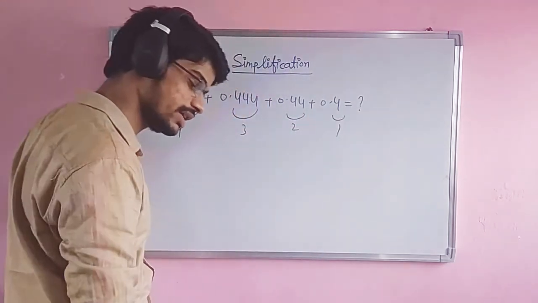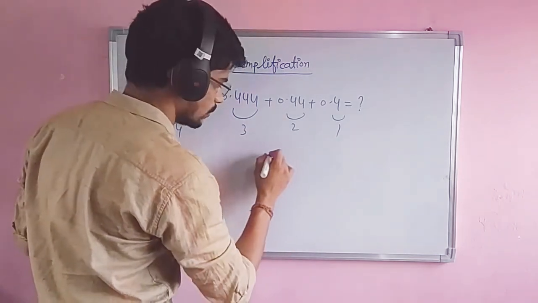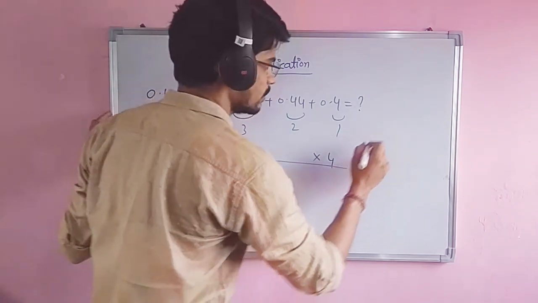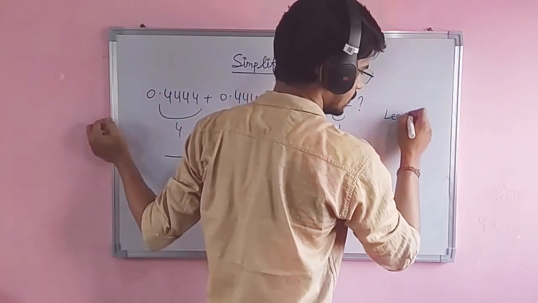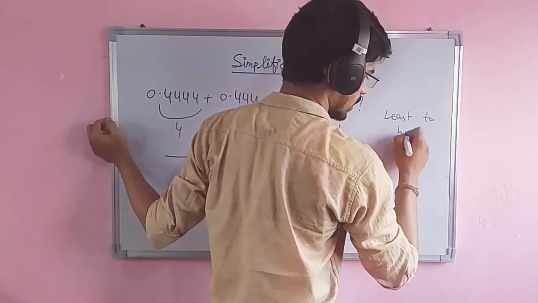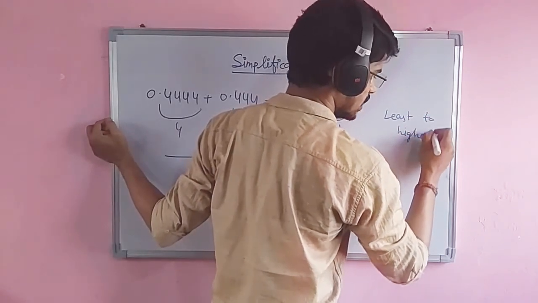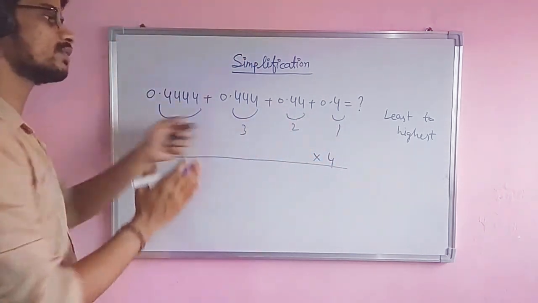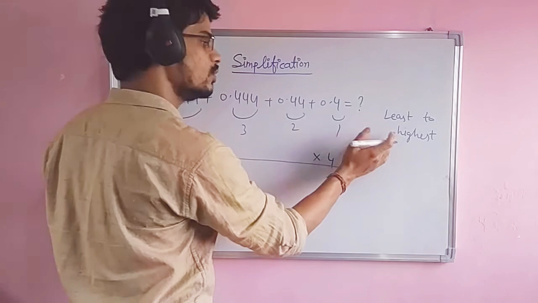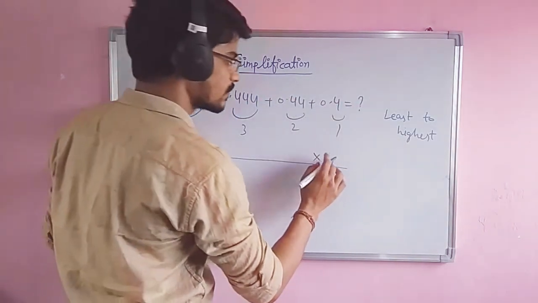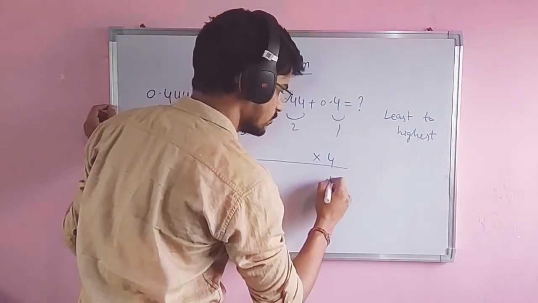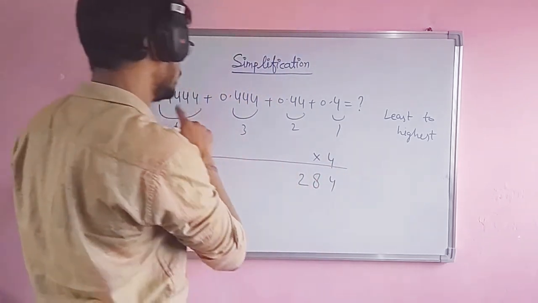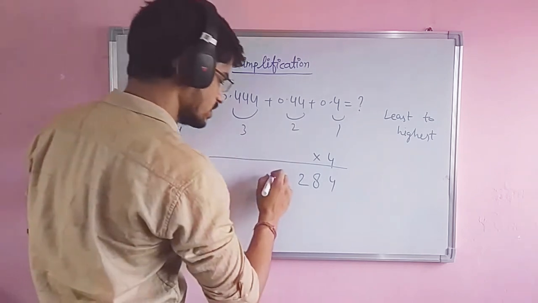Now multiply by the occurrence of 4. That's why we multiply the 4 from least to highest. Here the least number is 0.4, so we multiply from this side, right to left, least to highest. 4 times 1 is 4, 4 2s are 8, 4 3s are 12, carry 1, 4 4s are 16 plus 1 is 17.